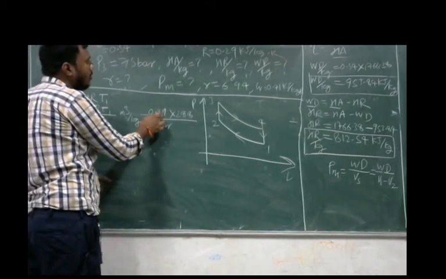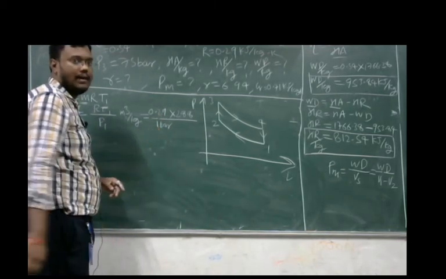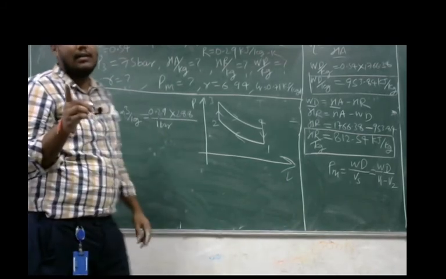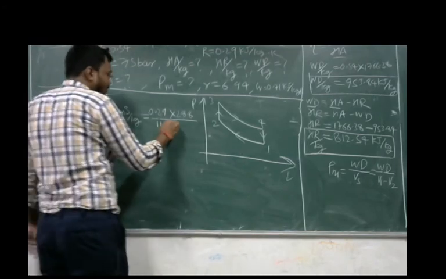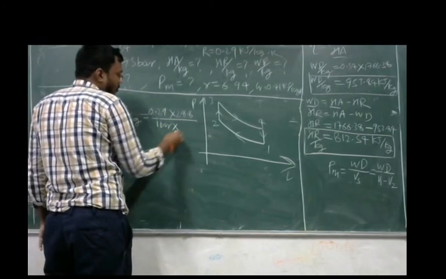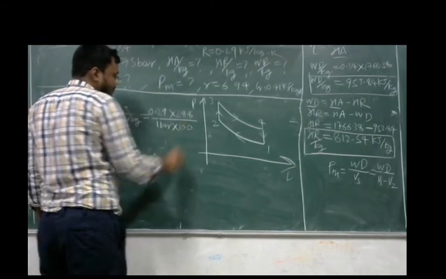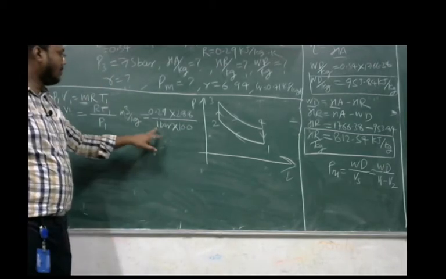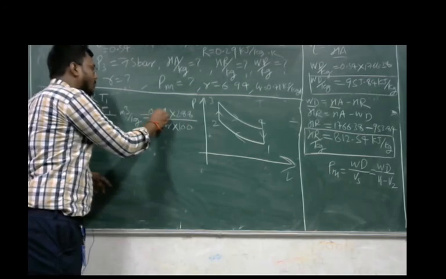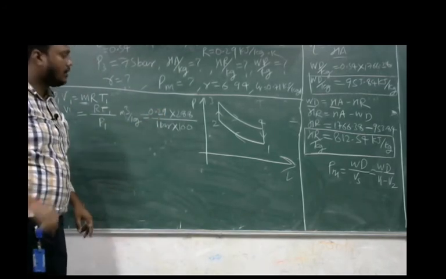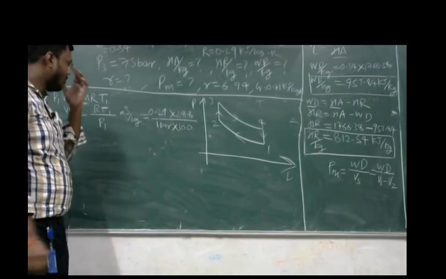Since it is in kilojoule, convert this 1 bar pressure into kilopascal. 1 bar is equal to 100 kilopascal, so multiply by 100. Now the pressure becomes 100 kilopascal, and this is 0.29 kilojoule. Now it is okay, so the units will be the same.